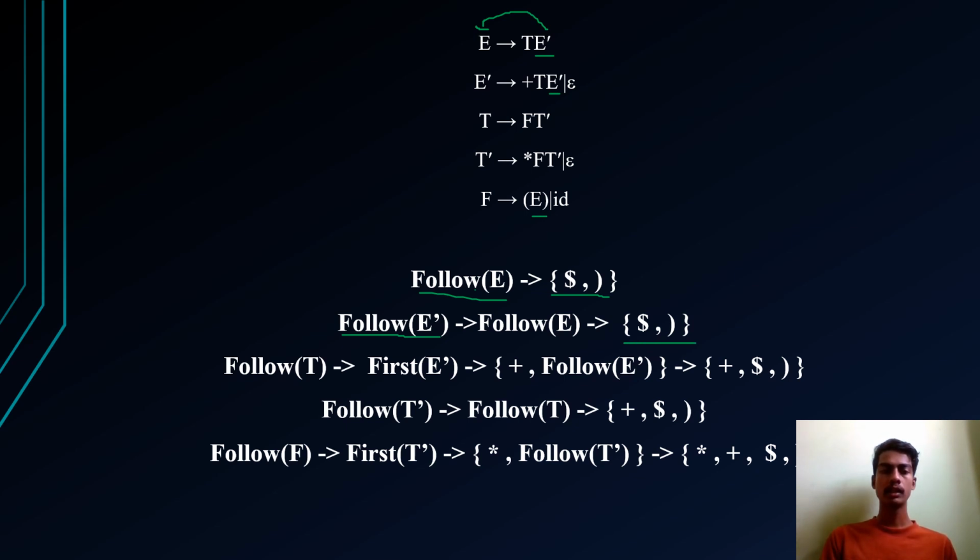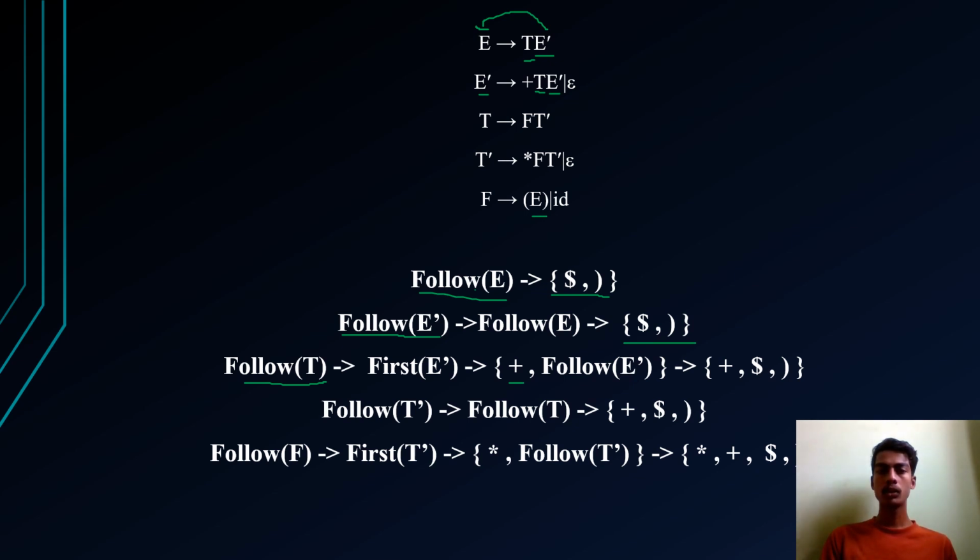Now let us consider follow of T. Here T is here and here. In front of T we have E dash. Therefore we need to construct the first of E dash. Here first of E dash is plus. Therefore we write plus. Next we have epsilon.